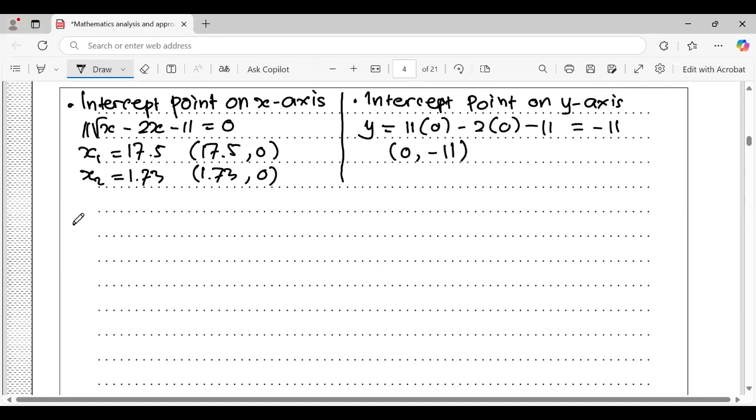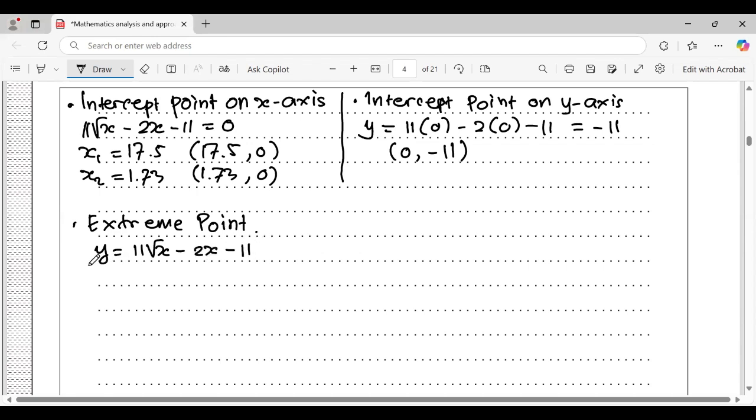And after that, we are going to find the extreme point, or the critical point. The extreme point we can find through dy/dx, the first derivative. So y equals 11 square root x minus 2x minus 11.